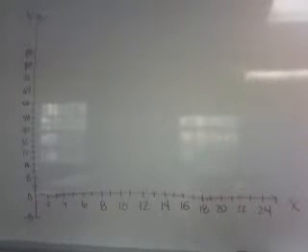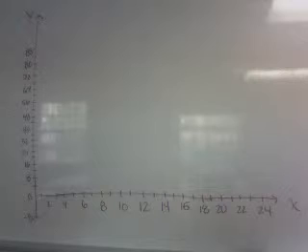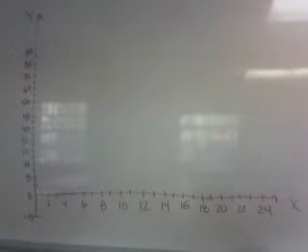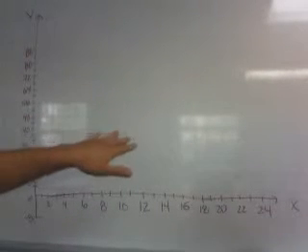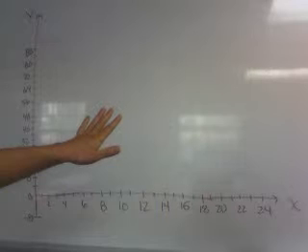So you have to ask yourself, do they give you the average monthly temperature? The answer is yes, they do. They give you the average monthly temperature for every month. So we're just going to plot all those numbers. It says over a 2-year period. So we're not just going to plot these 12 numbers. We're going to plot how many numbers?